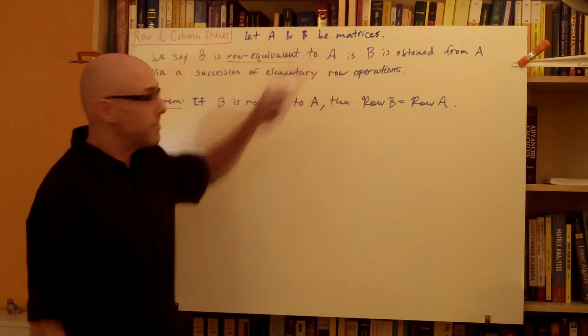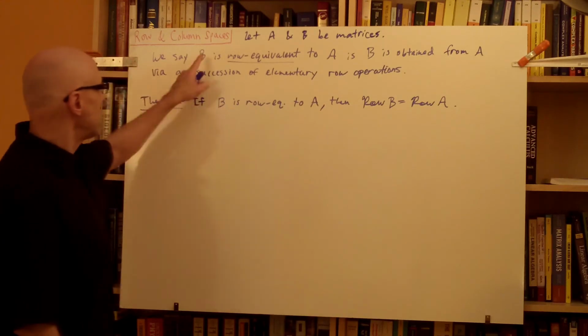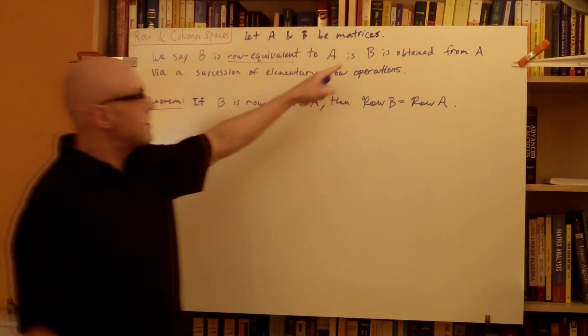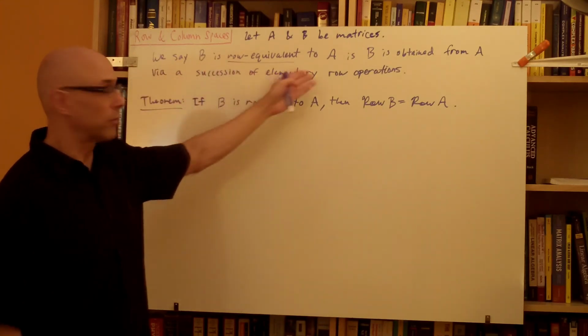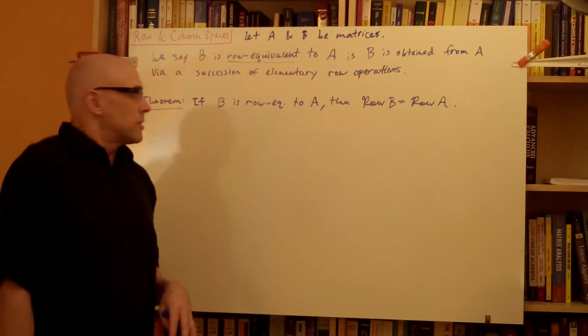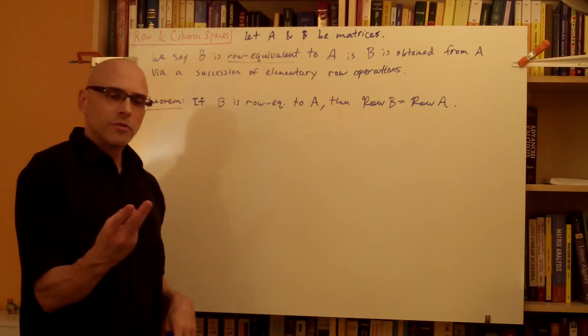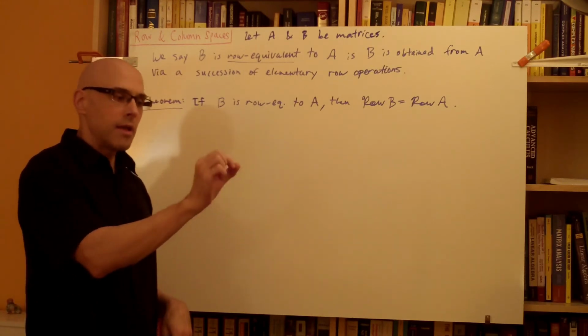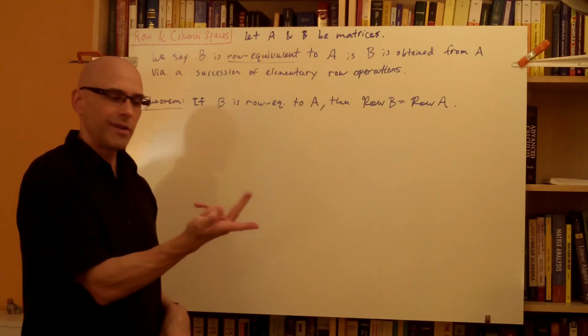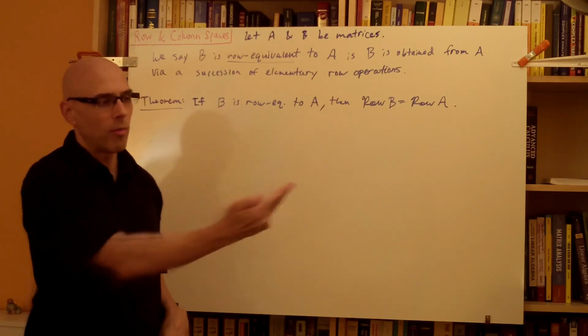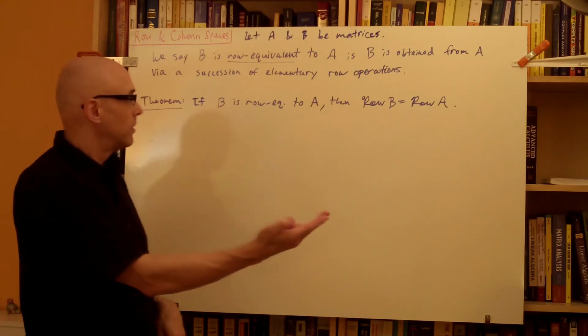Let A and B be matrices. We say that B is row equivalent to A if B is obtained from A via a succession of elementary row operations. So there are three basic elementary row operations: adding a scalar multiple of one row to another row, or interchanging two rows, or multiplying a row by a non-zero scalar.